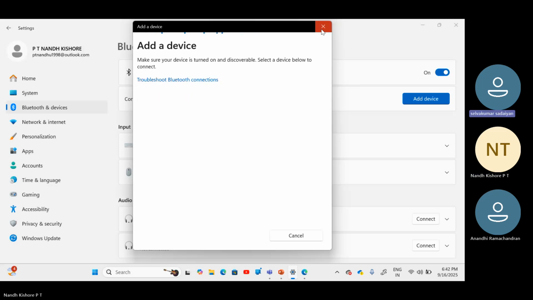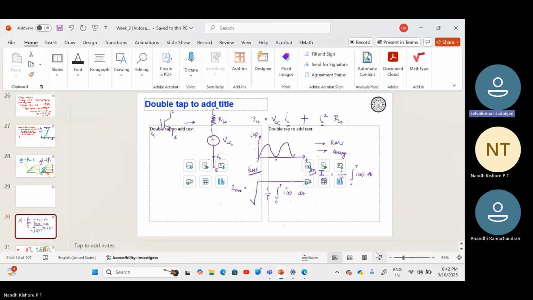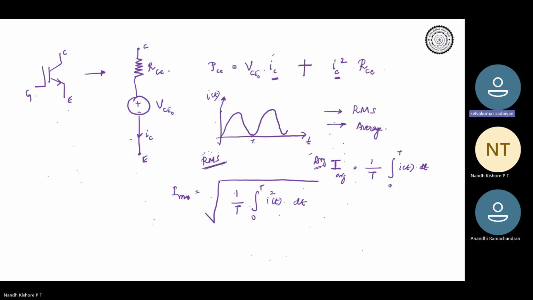Because this cutting voltage, there will be a potential period to start in the device. It will not come as an average value.